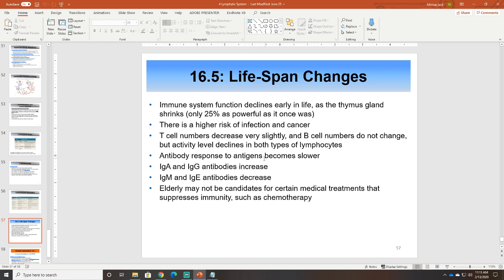The antibody responses to antigens become slower, meaning it takes longer for us to ramp up antibody production when we see a pathogen. IgA and IgG antibodies will increase, but IgM and IgE antibodies will decrease. And then the elderly may not be candidates for certain medical treatments that suppress immunity because of their weakened immune system. Treatments that suppress immunity include chemotherapy.